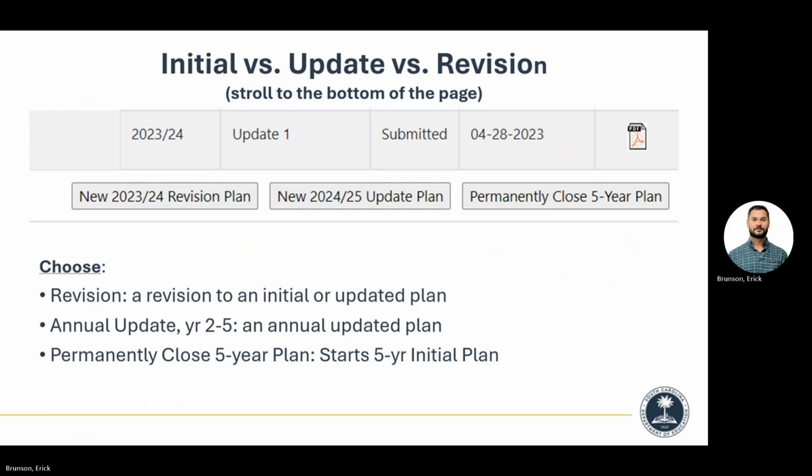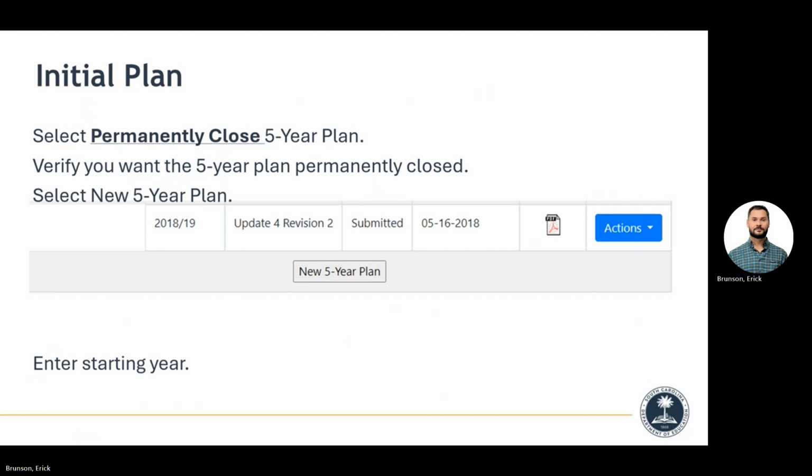Okay? You will do your initial plan, you will do annual updates from the 2nd year to the 5th year. You'll do updates every year. And then again, as I said, at the end of your cycle, you will permanently close out your plan in order to start a new initial plan.